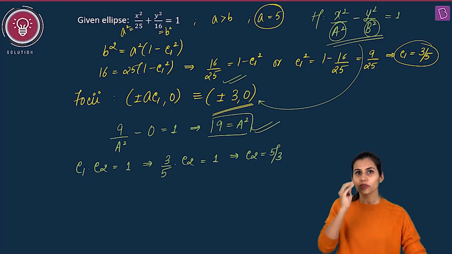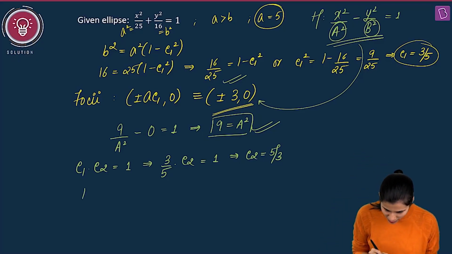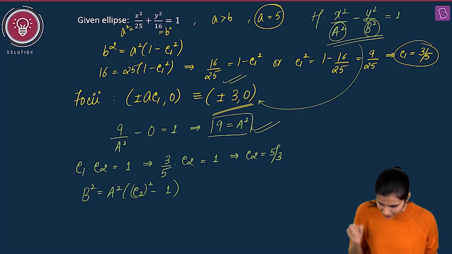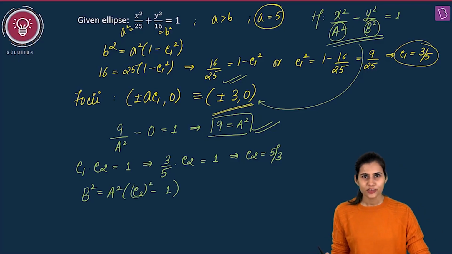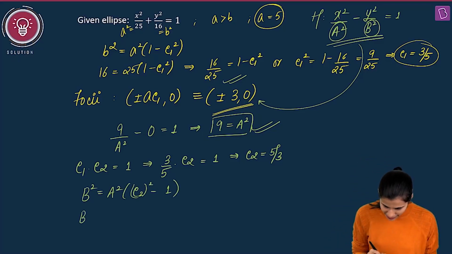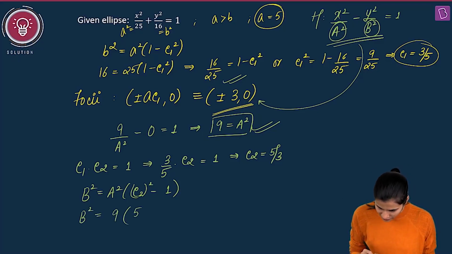I know the relationship between a square, b square and E2 corresponding to the hyperbola. What is it? Well, b square is equal to a square into E2 whole square minus 1. Yes, remember? So b square remains as it is. A square we just computed is 9. And this is 5 by 3 whole square minus 1.